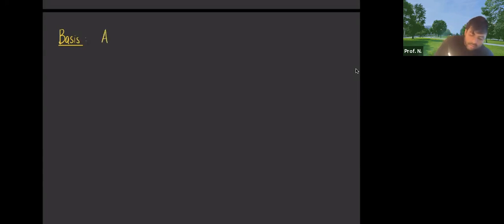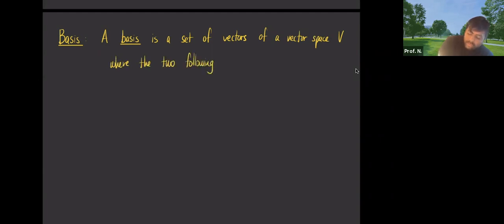So a basis is a set of vectors of a vector space where the following two characteristics hold. The first thing is, it spans V.